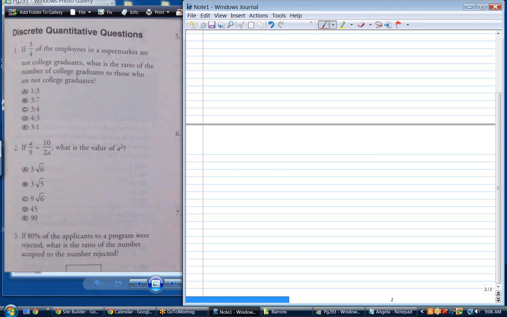In other words, if we need to speed it up, we can, and we can either skip some of these questions, although personally I think these practice exercises on these various things like ratios and proportions and stuff like that are very helpful, maybe more helpful than actually taking a test. I think they have been too.